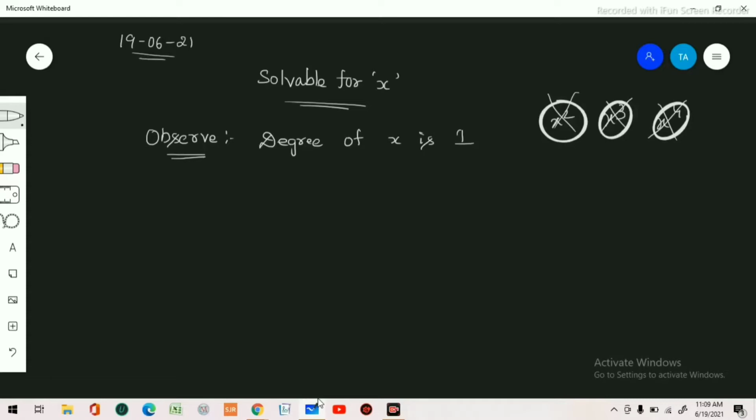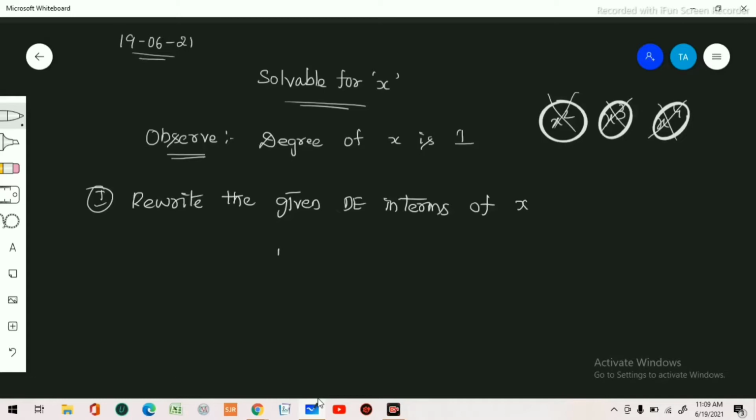In solvable for x we have steps like this. The first step is to rewrite the given differential equation in terms of x.